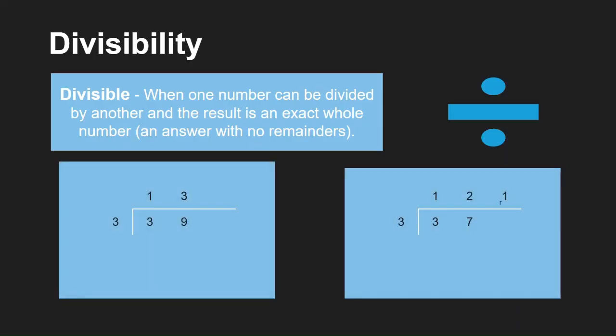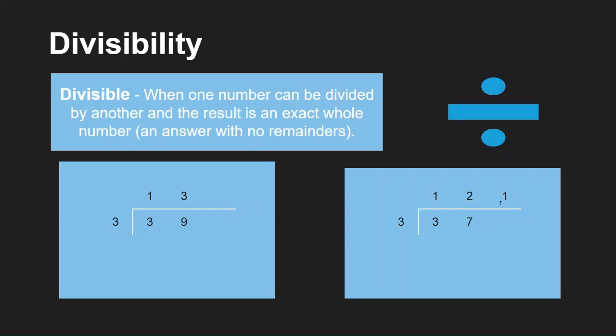So if you're doing long division, like in these cases, we've got two numbers, 39 and 37, and we're dividing both of them by 3. If 3 can go in an amount of times with no remainder, it is divisible. So this first one, 39 divided by 3. 3 goes into 39 13 times. It goes into the 3 once and the 9 3 times, 13 times. It is divisible because there's no remainder at the end.